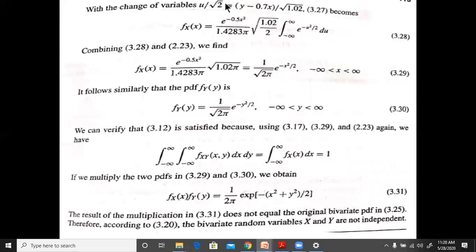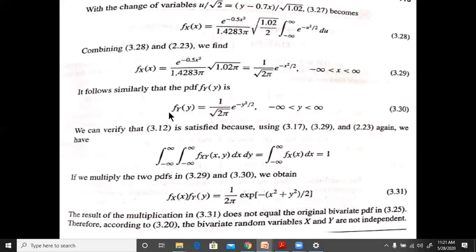So that we get it in the proper format, like this: minus u squared by 2, and you have taken it out. Now this quantity is nothing but root of 2 into pi; 2 and pi both come in the root. If you simplify this, this becomes 1.025 whole root. Then if you simplify this quantity, we get 1 by root of 2 pi e to the power of minus x squared by 2.